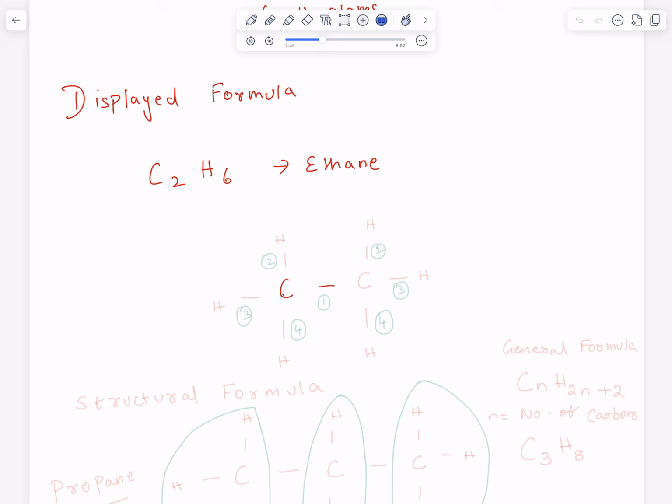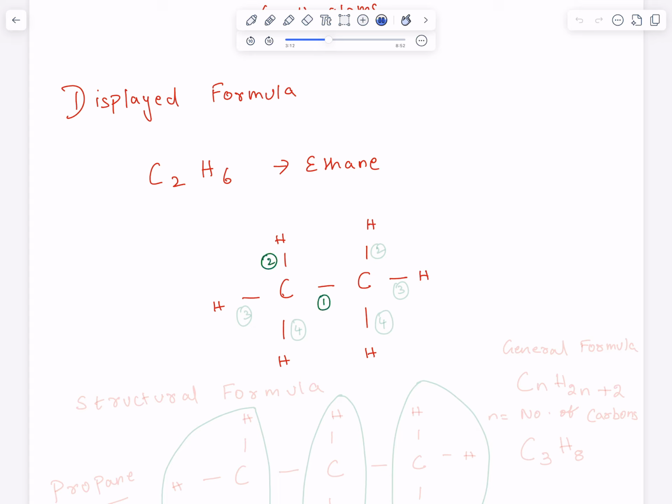I'll start by drawing out the 2 carbons. Remember, because carbon has 4 electrons in its outer shell, the maximum number of bonds it can make is 4. I've already drawn one bond between carbon and carbon. I'm going to draw the bond numbers in green.